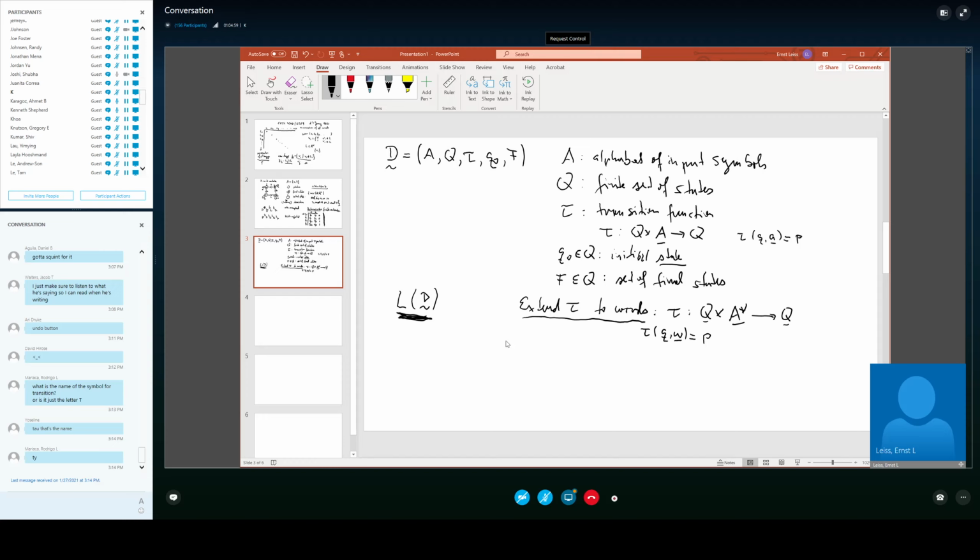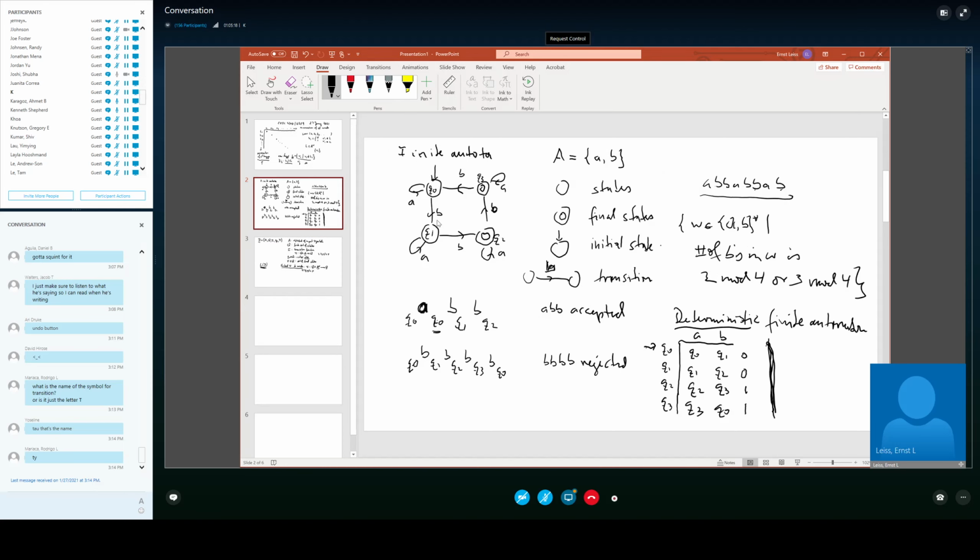So is it fair to say tau describes the transition states for not only valid words, but also invalid words? Because it's all combinations of letters in the alphabet? You don't know whether the word is accepted or not until you're done. Okay. So if you look at BBB, that would be an accepted word, but if you now have another B, then it is not.